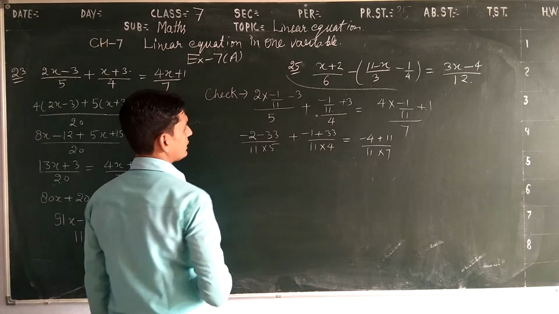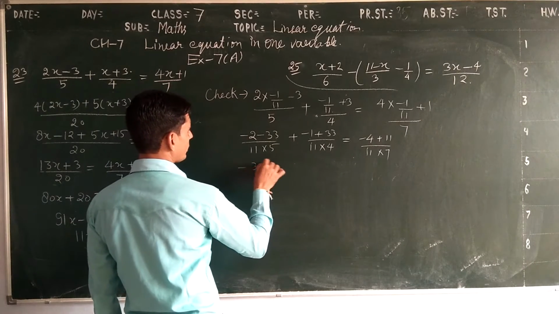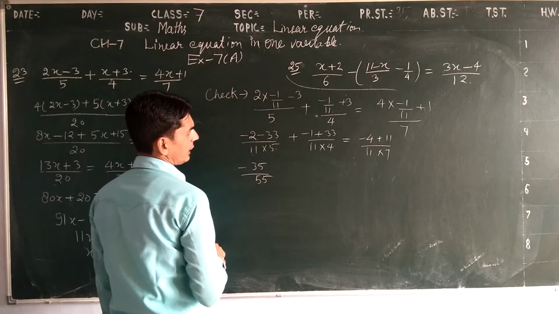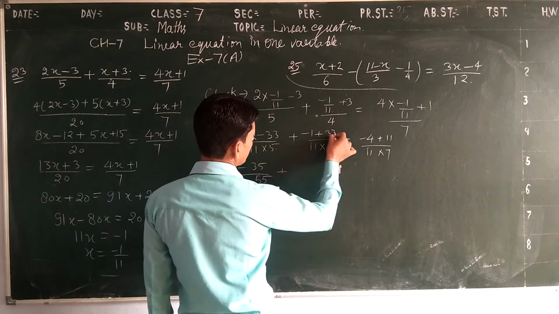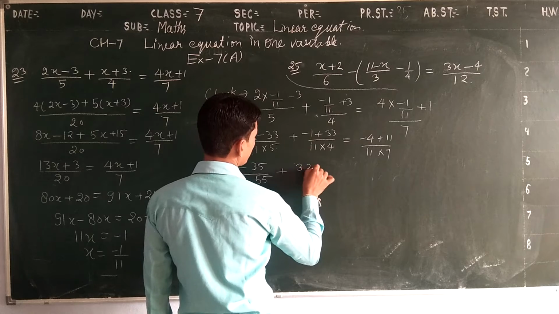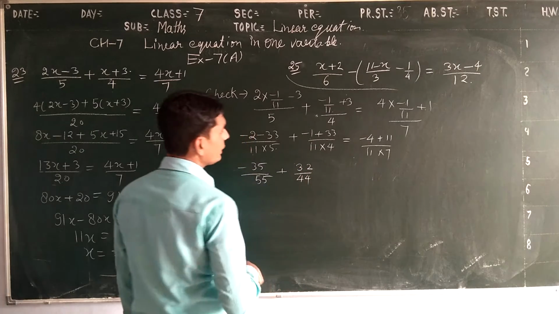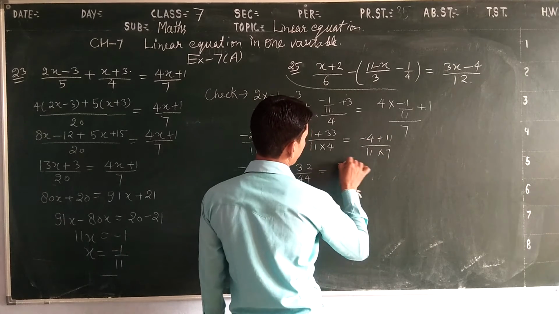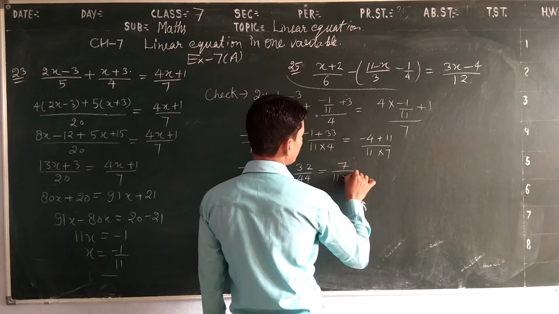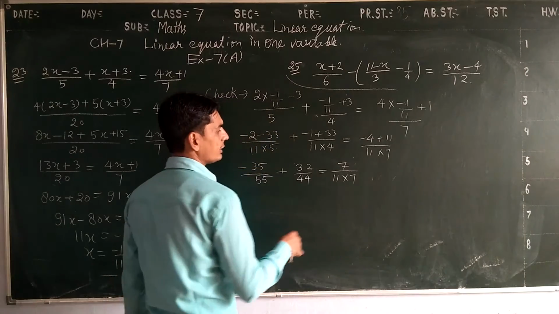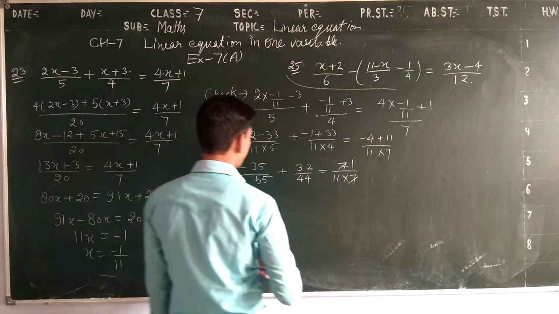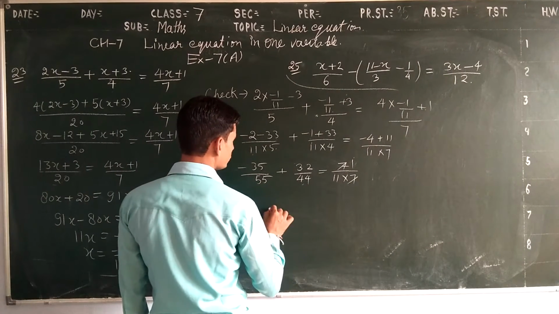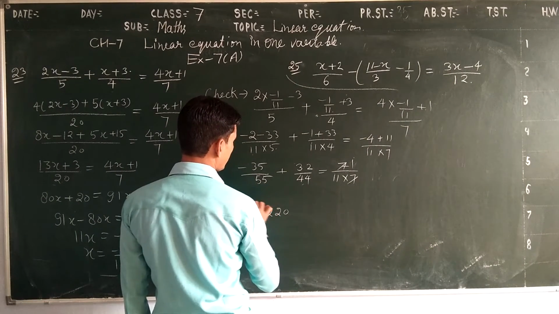You know very well 33 and 2 is 35 upon 11 5s are 55. As it is here 33 minus 1 is 32 upon 44 equals 11 minus 4 just 7 upon 11 multiply 7. So 7 1s are 7, and here take the LCM of 55 and 44. So LCM is 220.